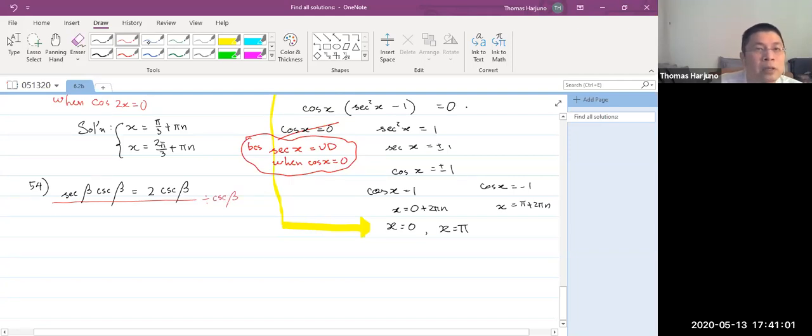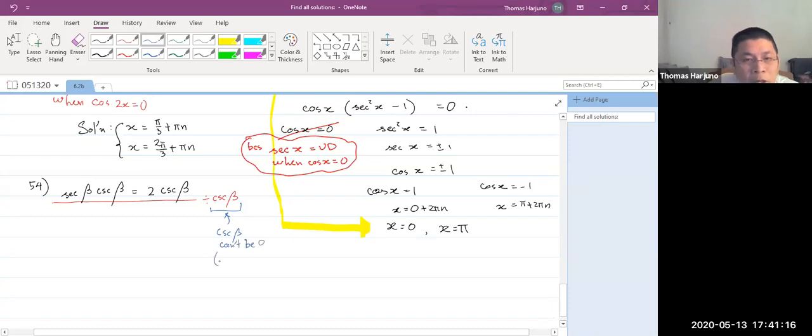The reason it is okay is that cosecant theta cannot be 0.